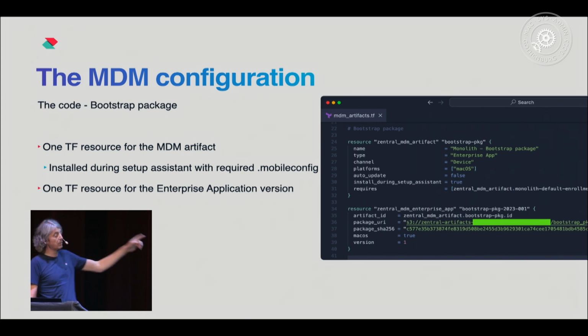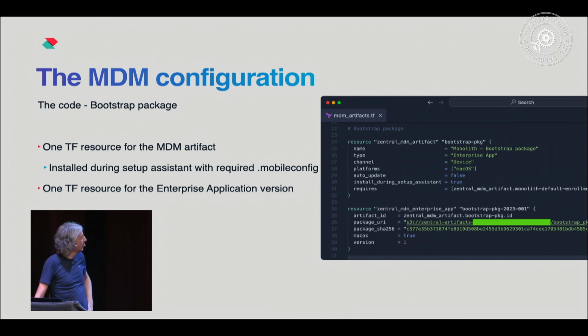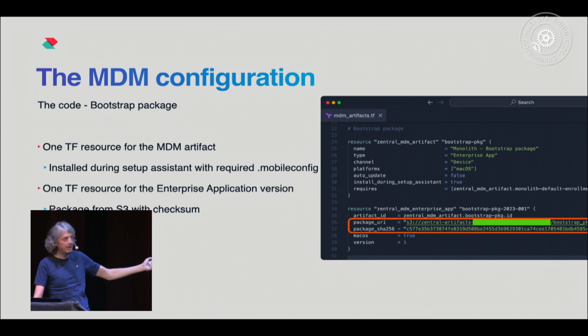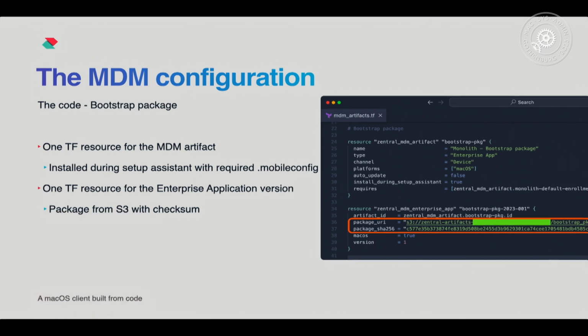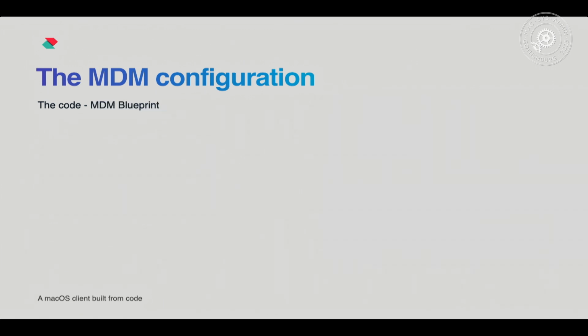So here is, for example, a bad example of not having secrets in your code, so I had to blur it, but actually you could use a variable in Terraform. Here we reference the package we have built using the first pipeline, and we have a hash of the package to make sure that we download the right package and to tell Terraform when changes are required.